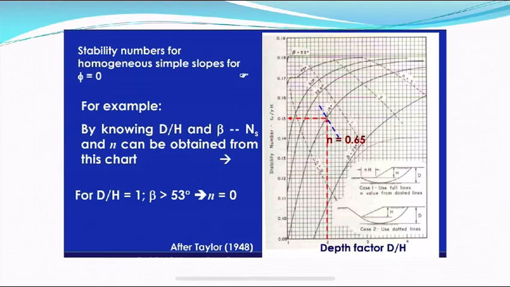So for d by h equal to 1 and beta greater than 53 degrees, n is equal to 0. That means the failure surface passes through the toe of the slope.